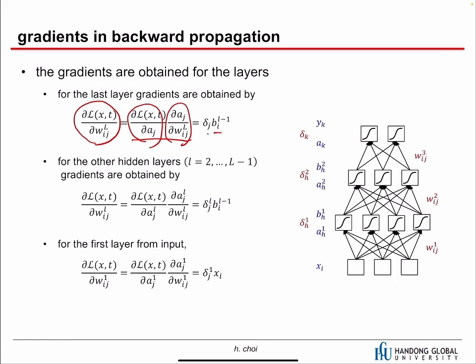For other layers, this one is decomposed into this derivative and this derivative, this one is defined by this one, and this one is simply b sub i. And the first layer is the same as before, basically. So that's it. What we need is the derivative of this loss function with respect to the parameters, and then we got this term for all the layers.